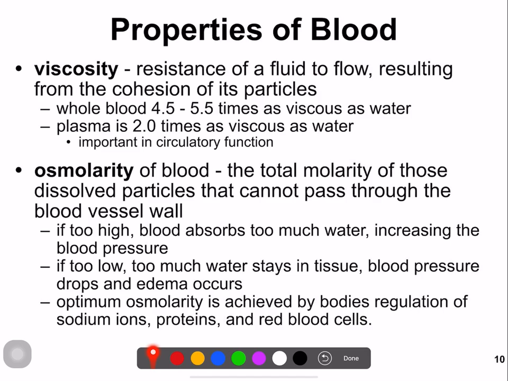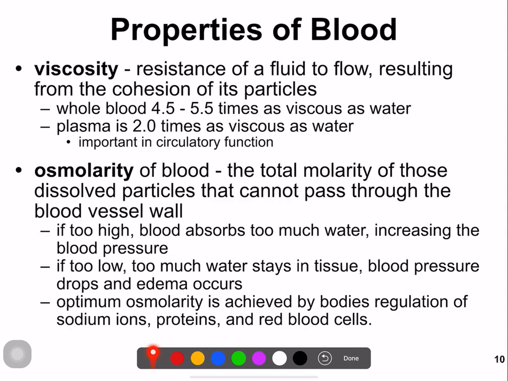Now, when we look at the property of blood, it is much more viscous than water. It's about 4.5 to 5 times as viscous as water. And that's whole blood. If I look at plasma, it's about twice as viscous because of the proteins, etc. Osmolarity of the blood is very important, and of course, osmolarity is related to the dissolved particles within it.